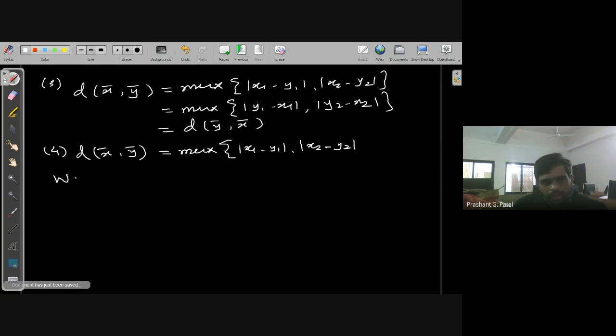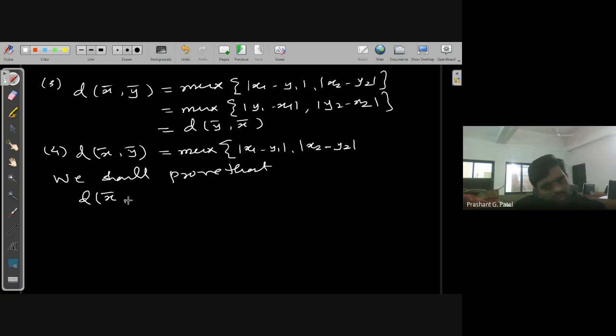Here we shall prove that our objective is to prove that d of x bar z bar is less than or equal to d of x bar y bar plus the distance between y bar and z bar. That is our objective to prove.